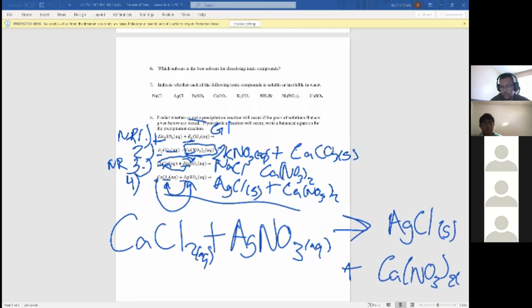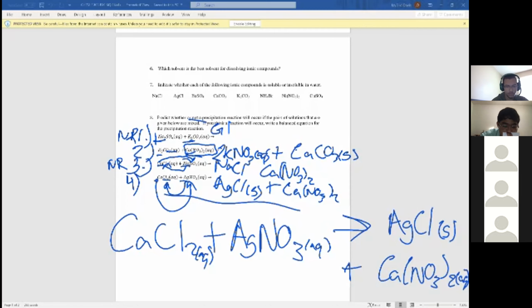So the second part of the question asks for it to be balanced. So is this one balanced? Yeah. It's balanced? No, we have 2. 2 what? 2 nitrates, right? Okay, so in order to balance it, what do we need to do? We put a 2 in front of silver nitrate.